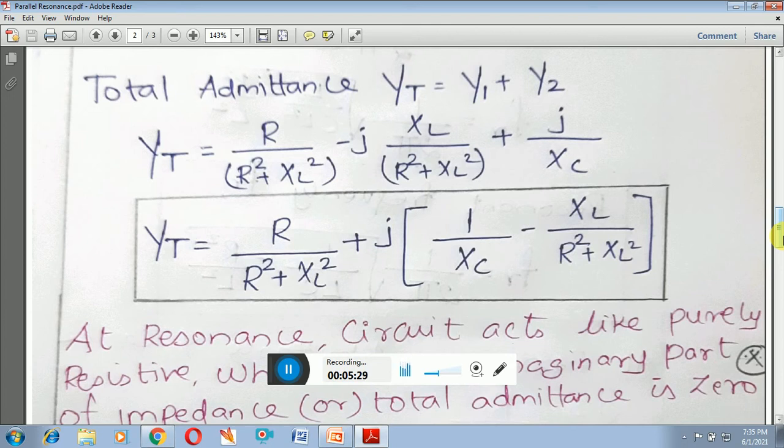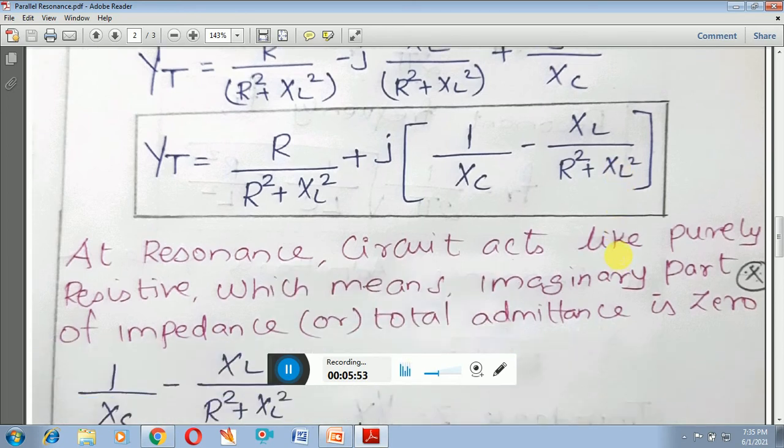Further simplification, by bringing j outside, you find the total admittance finally as Yt equal to R by R squared plus XL squared plus j into 1 by XC minus XL divided by R squared plus XL squared. So this is your total admittance.